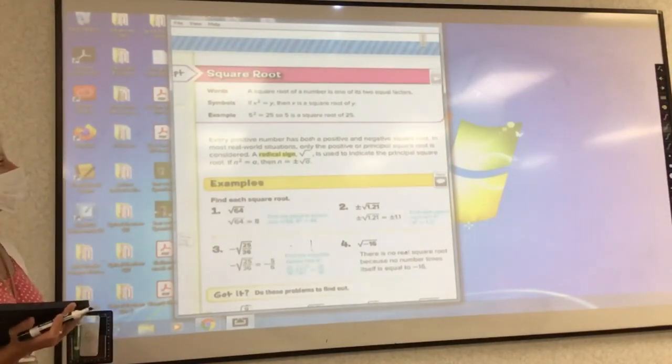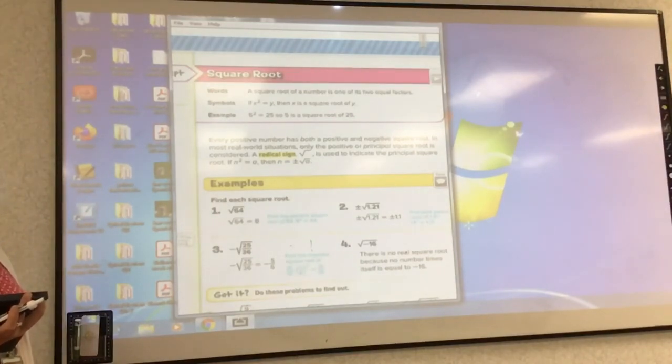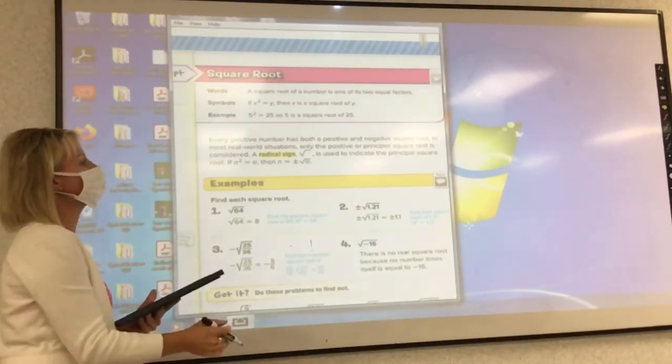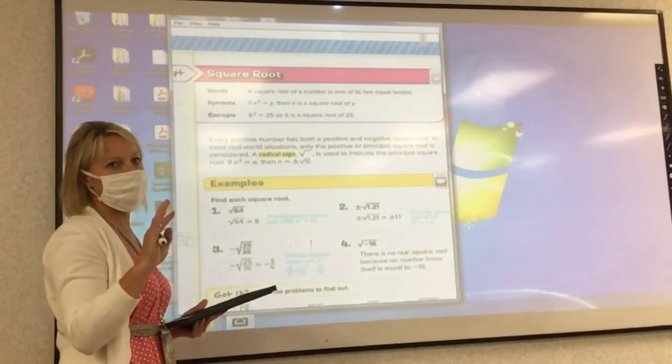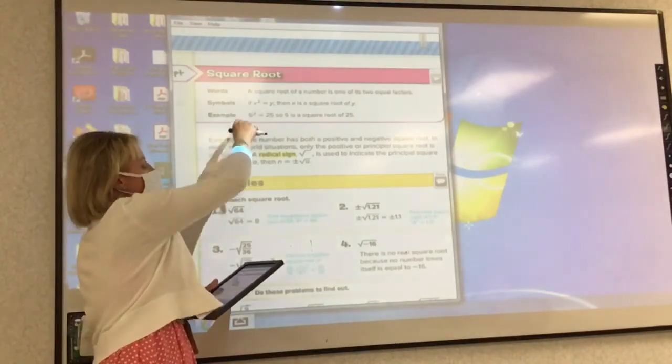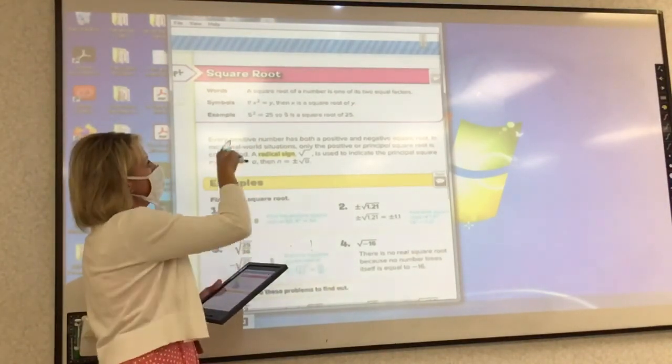Words: a square root of a number is one of its two equal factors. If x squared equals y, then x is a square root of y. For an example, 5 squared equals 25, so 5 is a square root of 25. We're going to do some writing on this so you understand what it looks like with the variables.